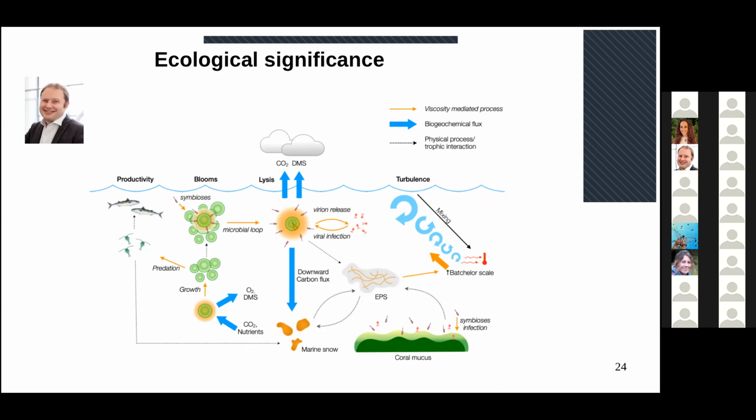Some of them have already been explored by Ian Jenkinson and his collaborators. For example, it could affect the turbulence cascade, or the contact rates between different particles. It could affect the aggregation rates and the formation of marine snow, predation, symbiosis, and infection of microorganisms with mucus layers.